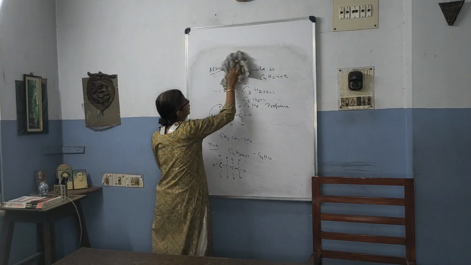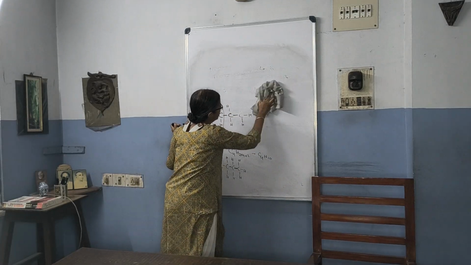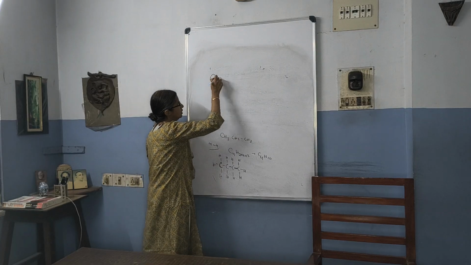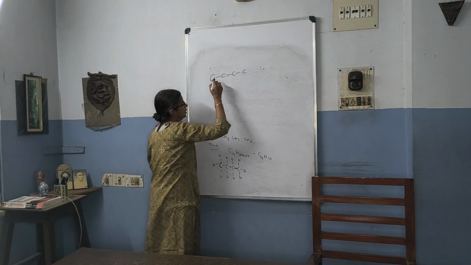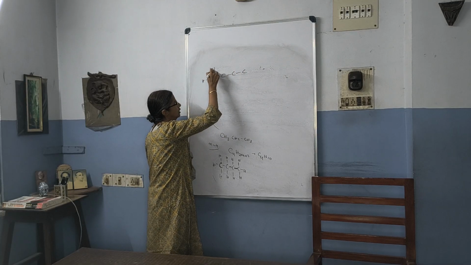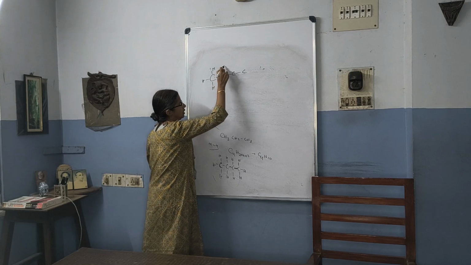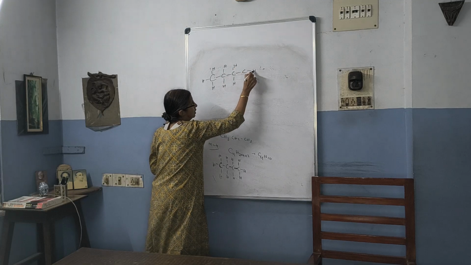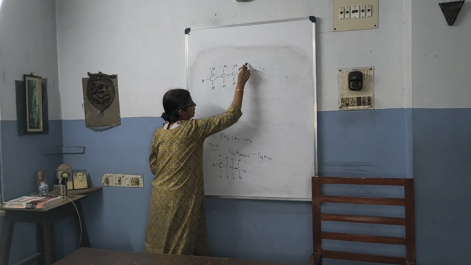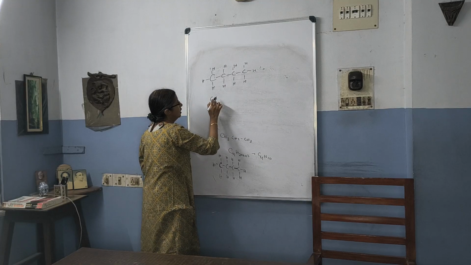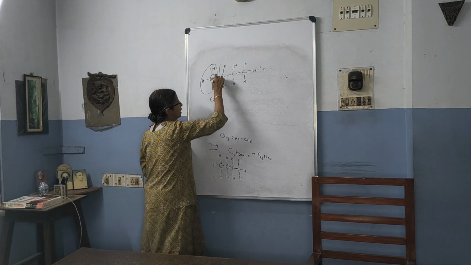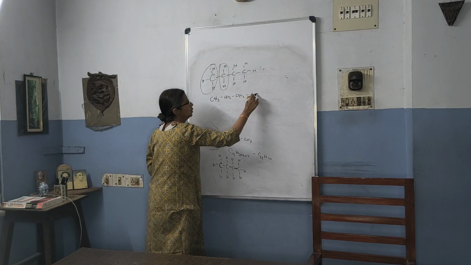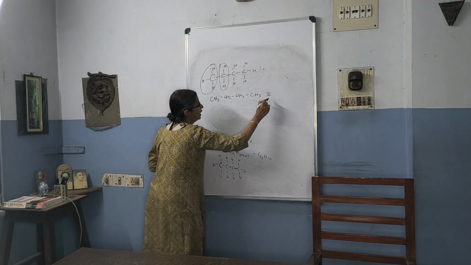I'm writing it here once again: CH3, CH2, CH2, CH3. This is butane.